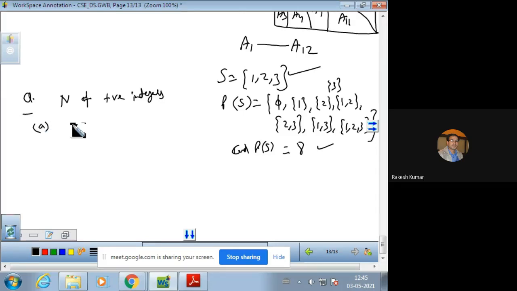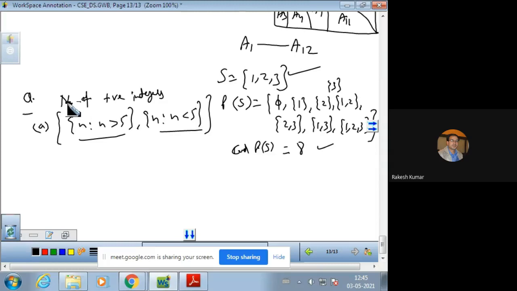The first one is you just see n such that n is greater than 5 और साथ में है n such that n is less than 5 और दोनों को मिला करके हमारे पास ये बन गया. So this is one subset, this is other subset, and N is the set of positive integers.